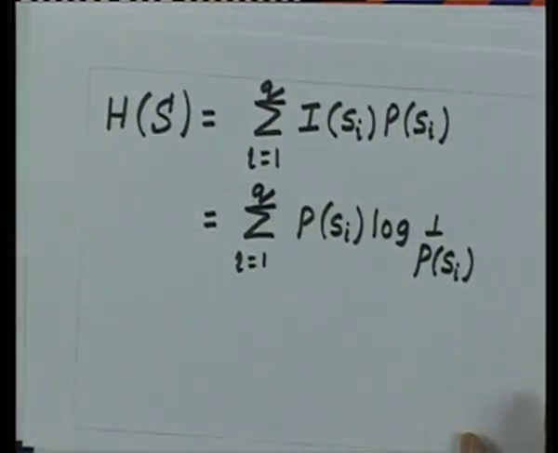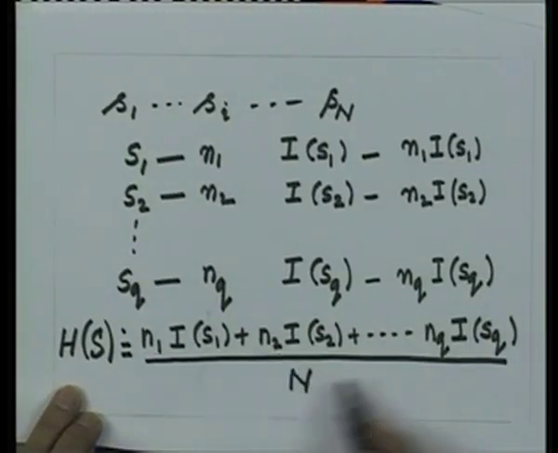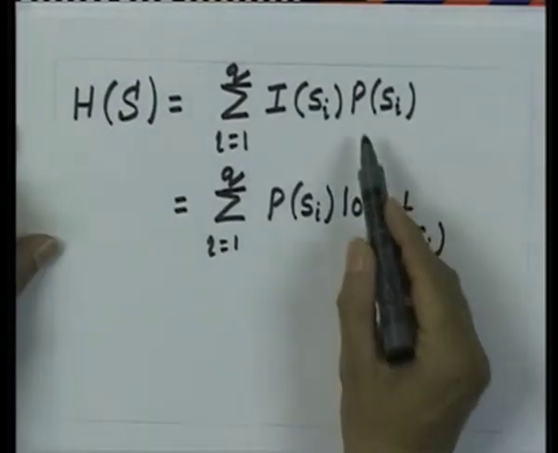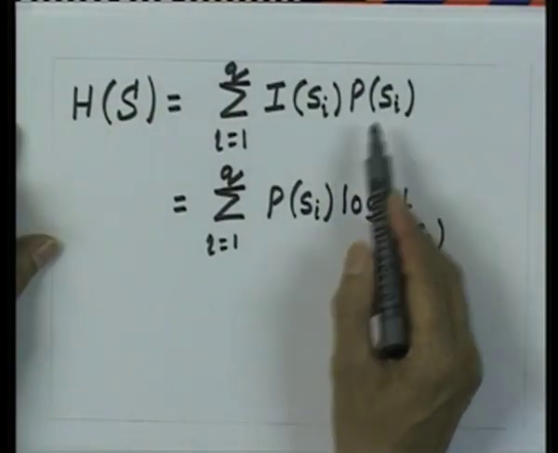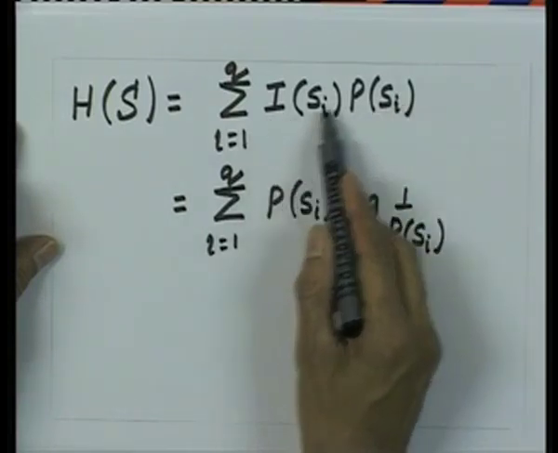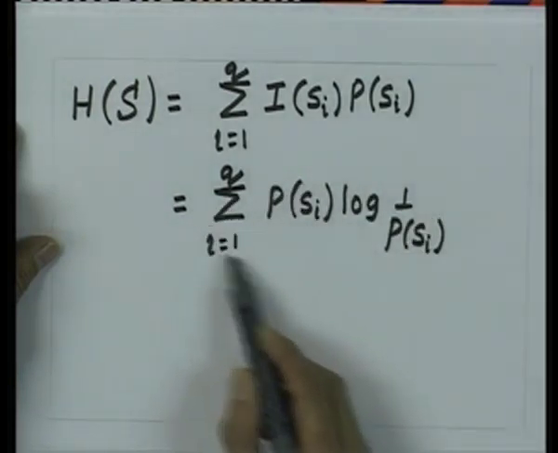So, going back to the previous expression, N1 by N, N2 by N and NQ by N, if I use the law of large numbers, then what I get is nothing but P of Si, and this is a summation which I will get. I substitute the value for I of Si as log of 1 by P of Si, and what value I get is this.